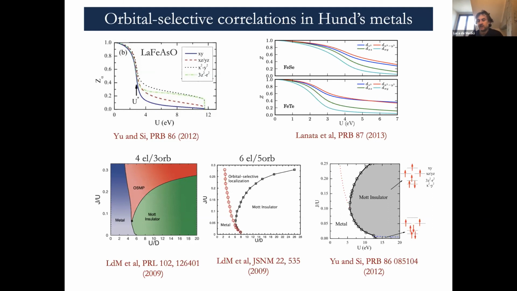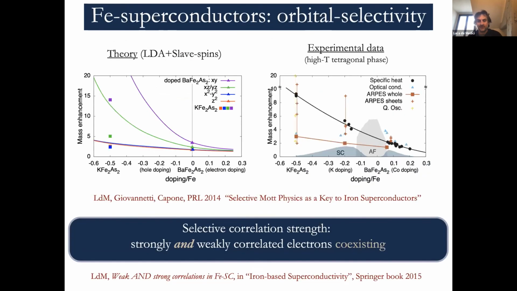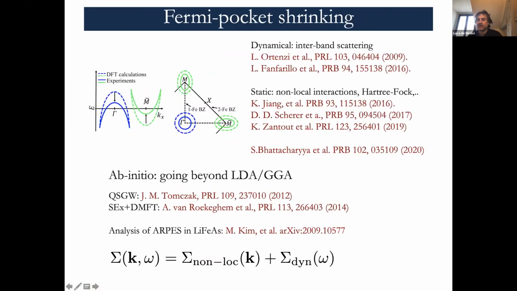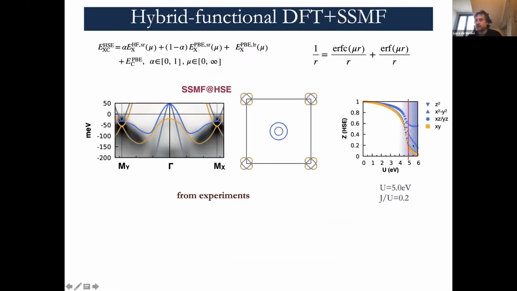And that's why when Ming asked me what I find, I was just quoting the fact, I don't know if I have the data here, that the XY orbital that we find running slave spin on top of the standard DFT is a little more correlated than what we find when we run it on top of the new HSE.